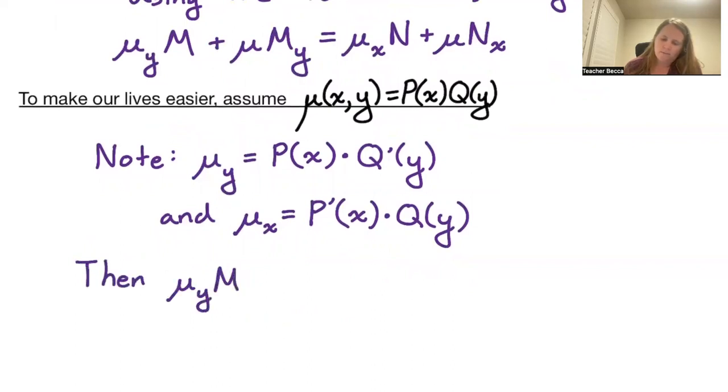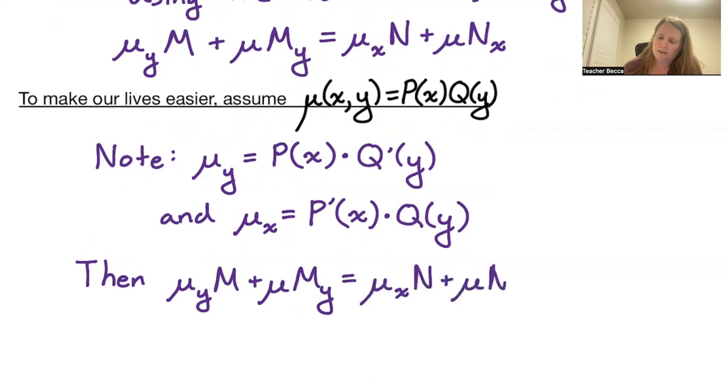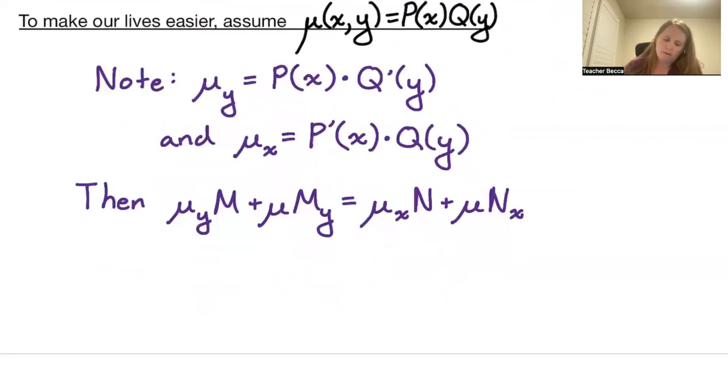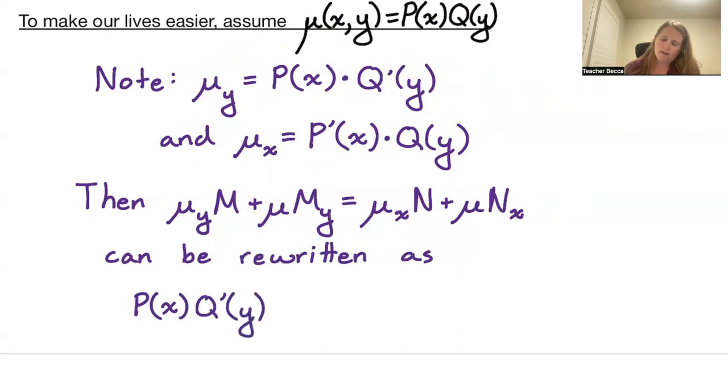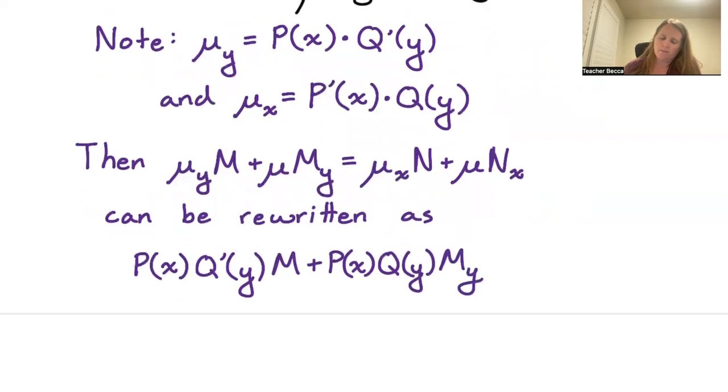This means then mu_y times M plus mu times M_y equals mu_x times M plus mu times N_x. This can be rewritten as, mu_y is P of x times Q prime of y, and that is multiplying M. Then we have plus mu, which is P of x times Q of y, multiplying M_y.